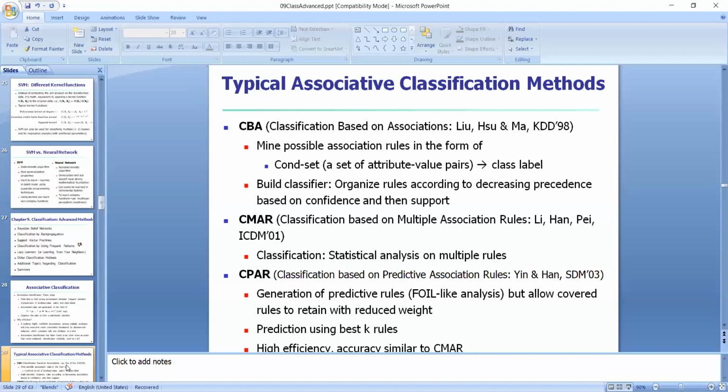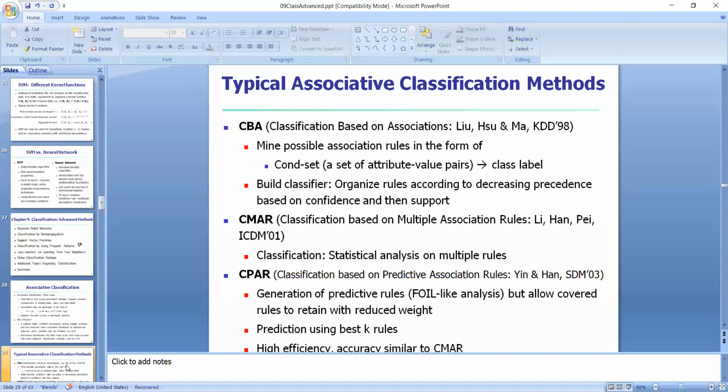CMAR makes use of the FP growth method or a variant of the FP growth algorithm to find the complete set of rules satisfying minimum confidence and minimum support thresholds. CMAR uses an enhanced FP growth that maintains the distribution of class labels among tuples satisfying each frequent item set.